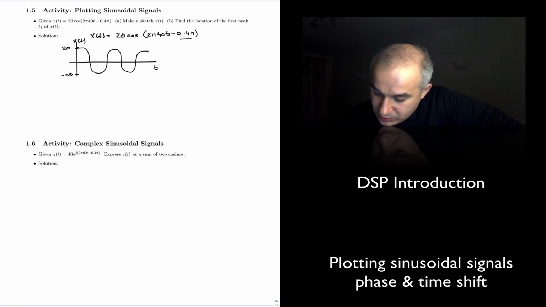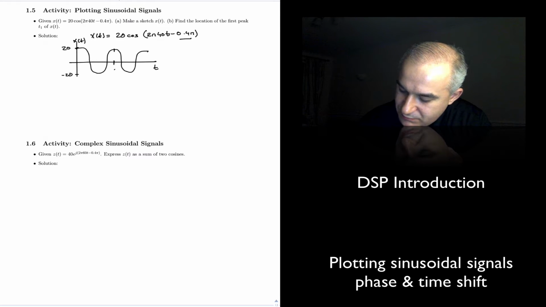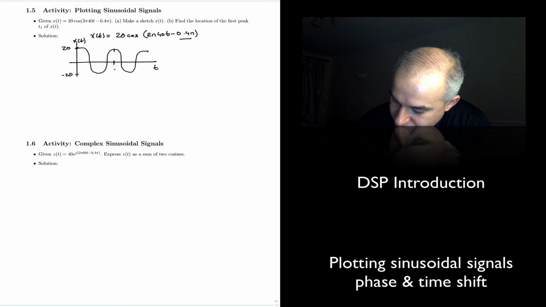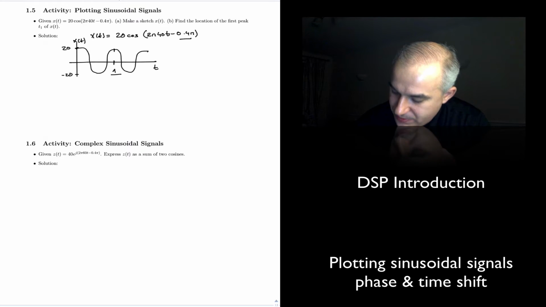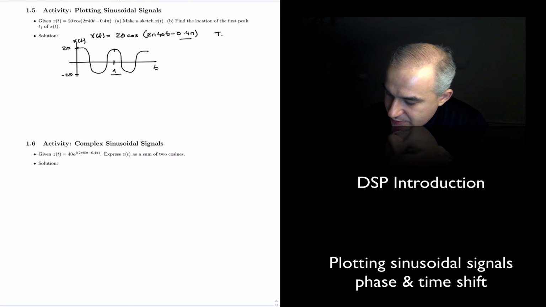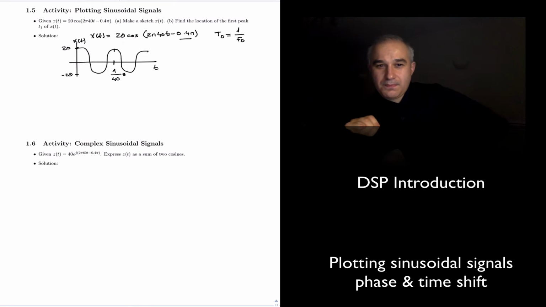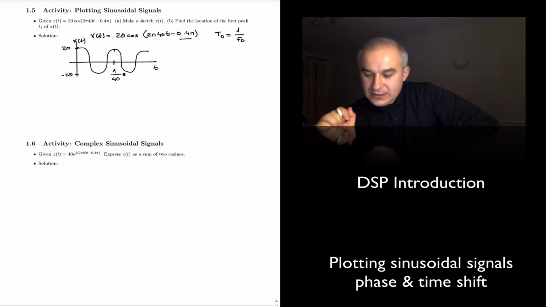So we need to determine that first peak, and since that is the period, it is going to be 1 over my frequency, right? Remember, there's an inverse relationship between the period and the frequency. 1 over 40 seconds. And boom, we are done.